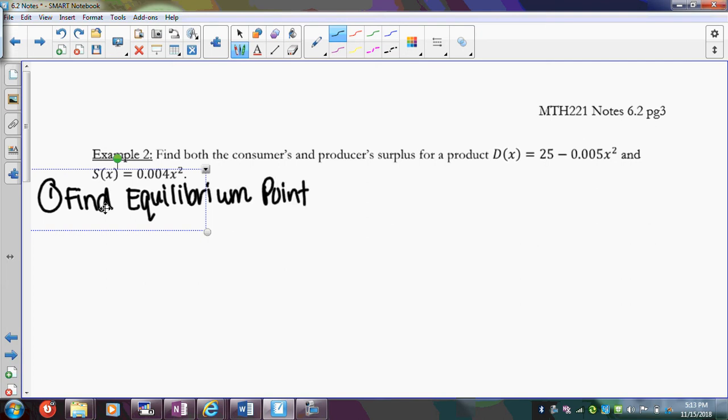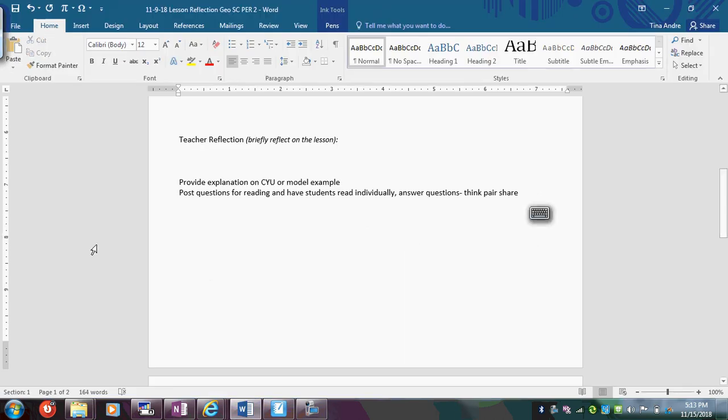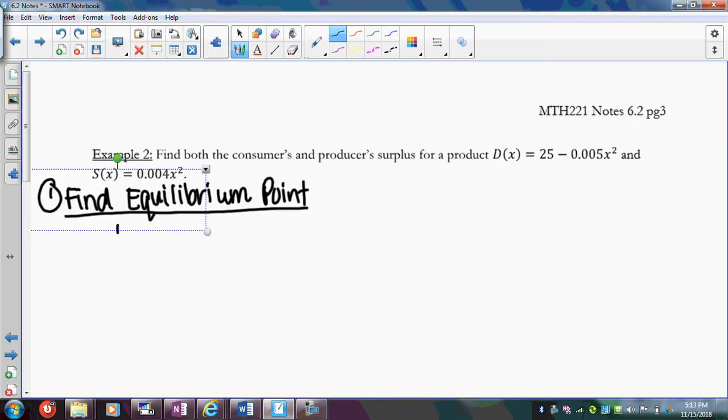So in order to do that, that's where the demand is equal to the supply. So set the two functions equal. So we have 25 minus 0.005 x squared equals 0.004 x squared. Let me rewrite this so it's a little bit neater.